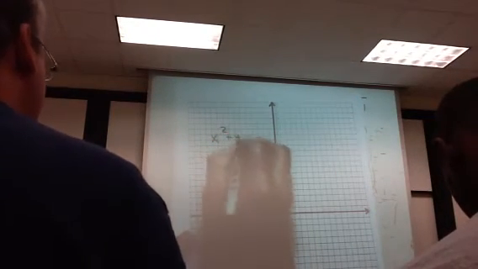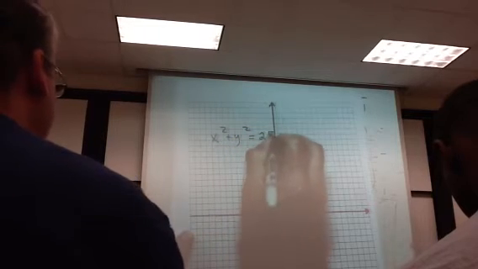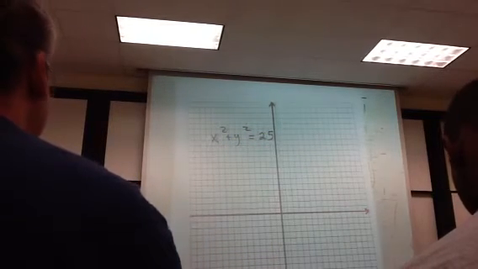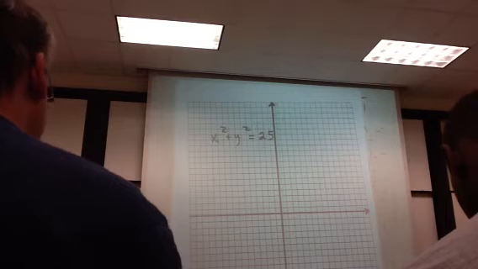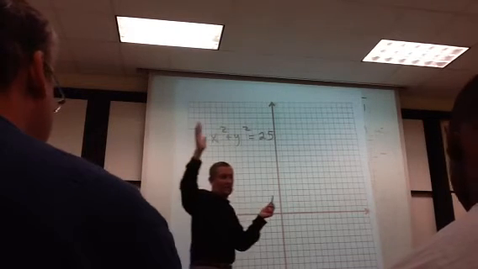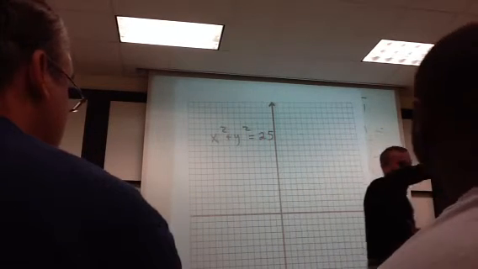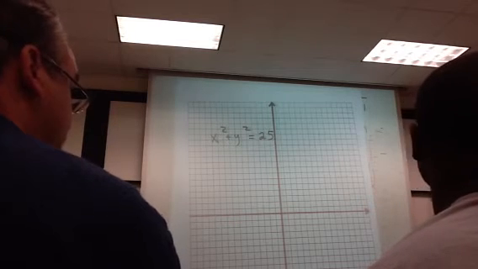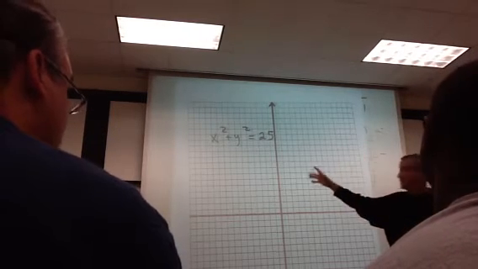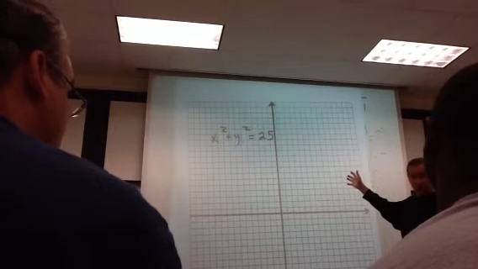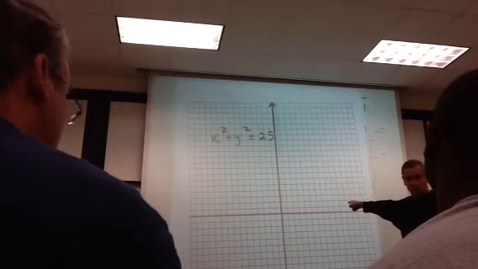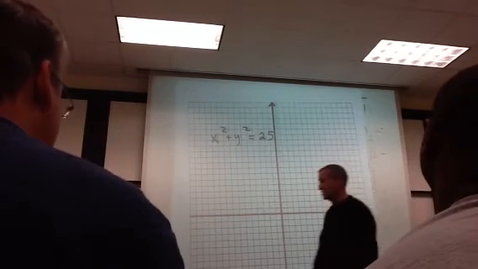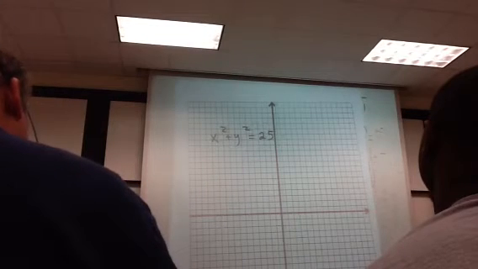All right? Tell me about this guy. It's a circle. Hang on a second. Tell me about this circle. Center is 0, 0. Radius is 5. Y'all remember that? If it starts out x squared plus y squared, that means its center is right there on the origin, and its radius is 5.